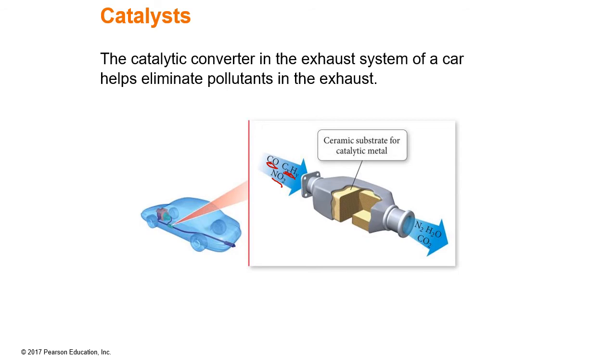It passes them over a ceramic substrate that has precious metals in them like rhodium and palladium and platinum to produce more environmentally benign chemicals like carbon dioxide, water, and nitrogen. Helps us to eliminate the pollutants in the exhaust system of our vehicles.